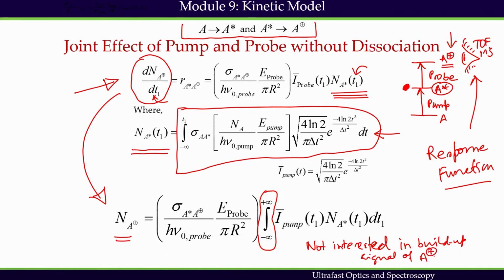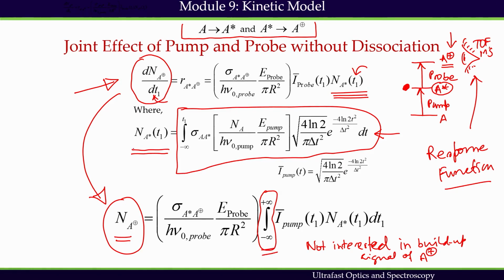We are interested in total ion signal at a particular delay between pump and probe pulses, and that is why we have to integrate it from minus infinity to plus infinity.